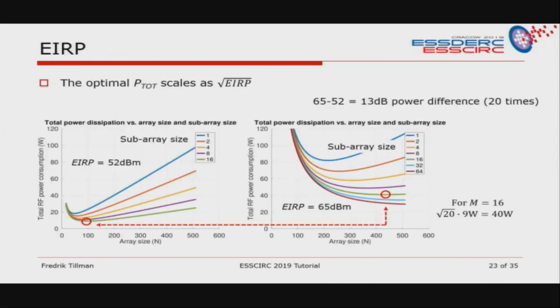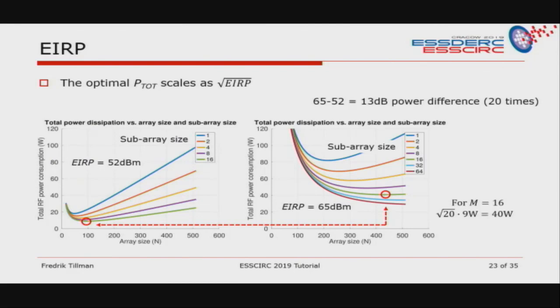But what can be noted in this model is that we have a square root dependency on the EIRP for the optimum value. So if we have an EIRP of 52 dBm on the left-hand side, and let's assume that we pick an optimum here, it's the green curve, so it's 16. We have 16 patches in the subarray.